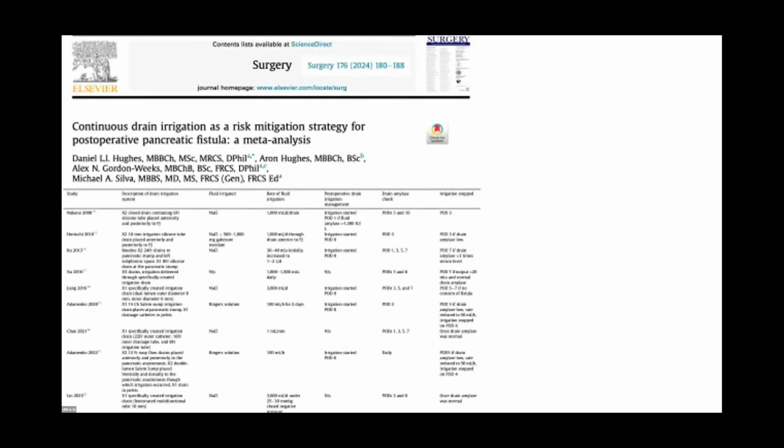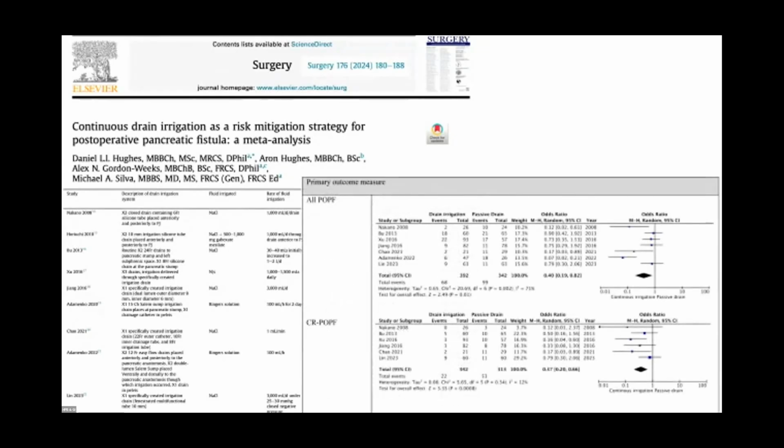Of course, these are about 9 studies. They had different protocols, different solutions, and different rates of irrigation, and they usually employed it on post-op day 0 or 1 and stopped it when the amylase levels were near normal.